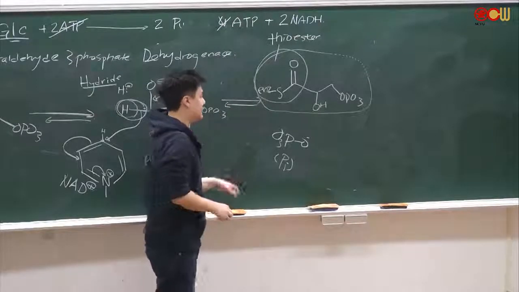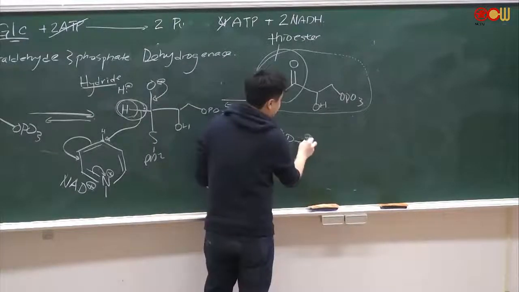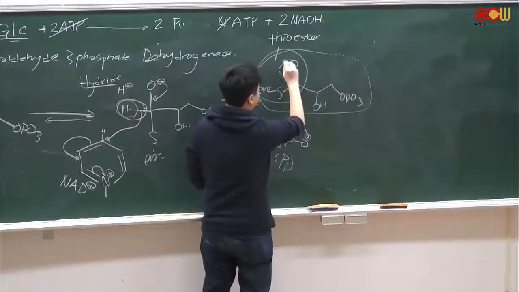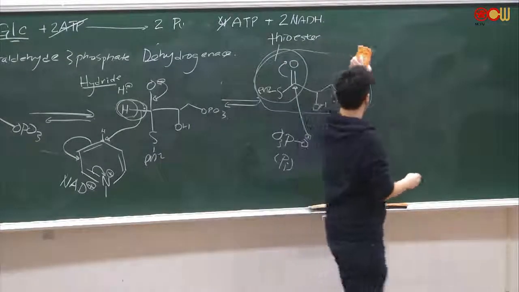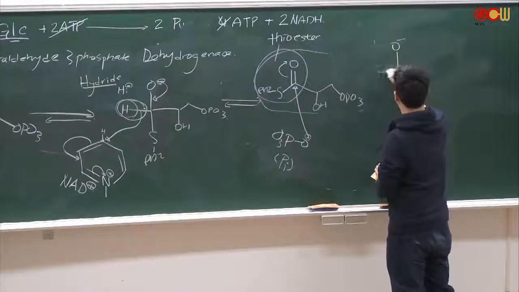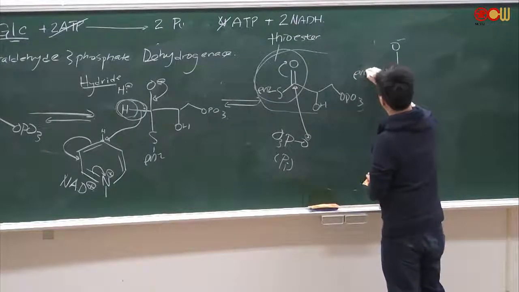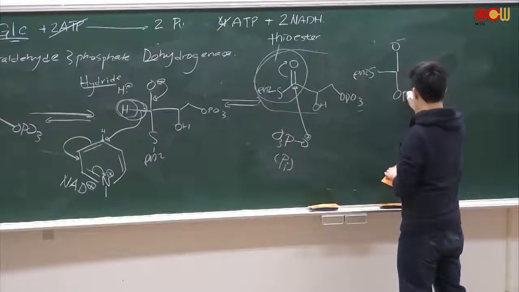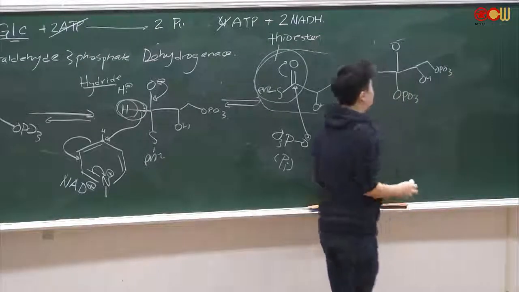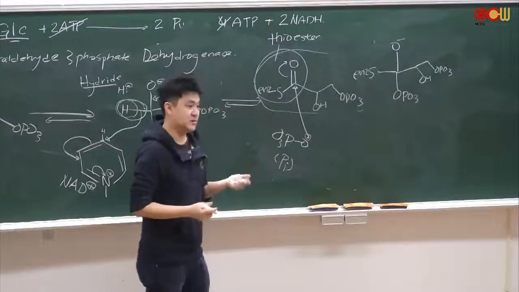And inorganic phosphate, because it has so many oxygens on it, obviously one of the oxygens has a charge, and then it can attack here, pop up. You then generate your tetrahedral intermediate.